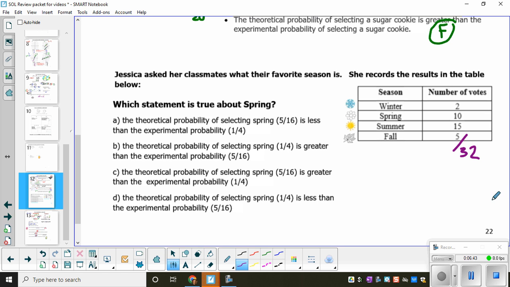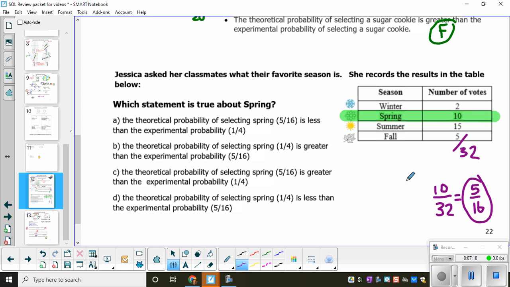Okay, 32 total. Which statement is true about spring? So we're going to focus only on spring, which is right here. And it looks like the results, we had that 10 out of the 32 selected spring. Let's go ahead and reduce this, 10 out of 32. This divided by 2, and then this divided by 2.